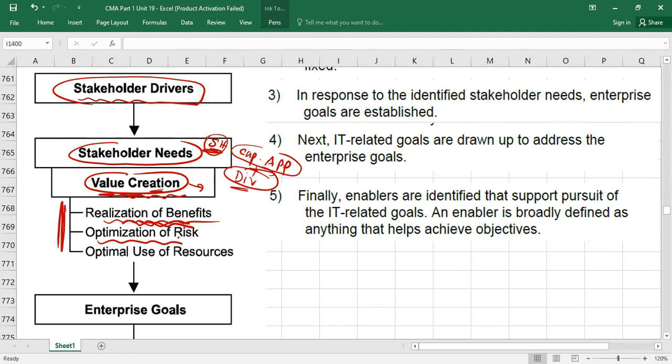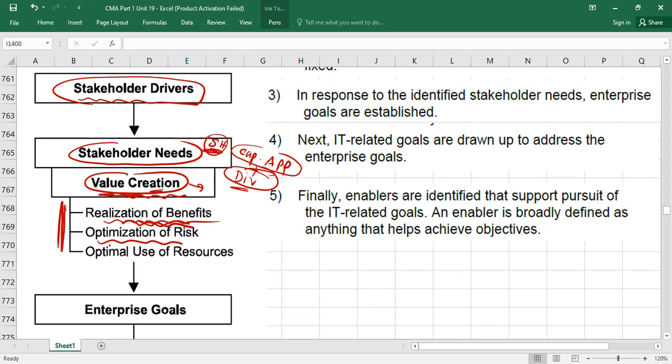So the trade-off or the balance between risk and reward is called optimization of risk. Our focus is not only on minimization of risk. Our focus is on optimization of risk, where we have to link the rewards with the risk. If risk is high, reward should be more. If risk is less, reward should be less. Right or wrong?